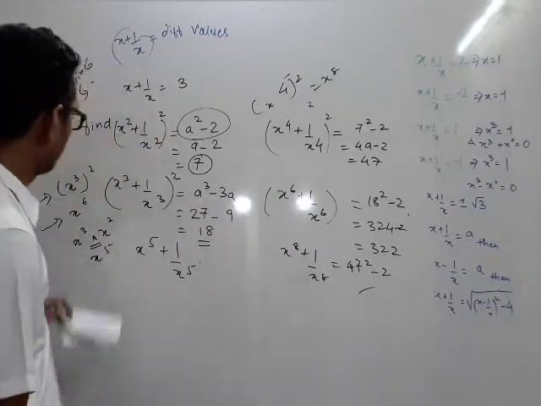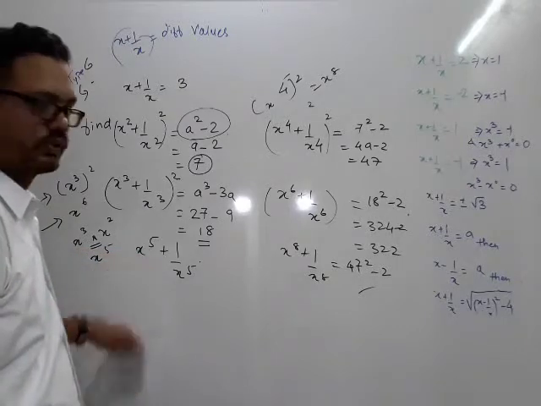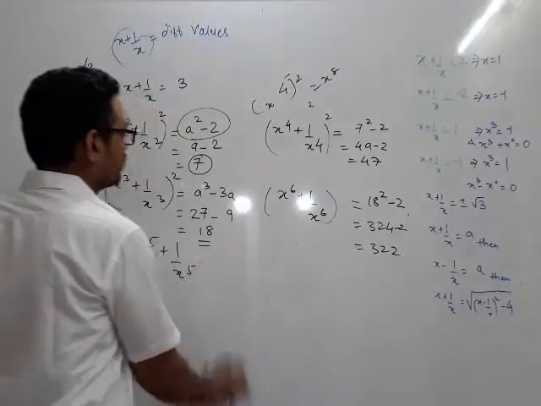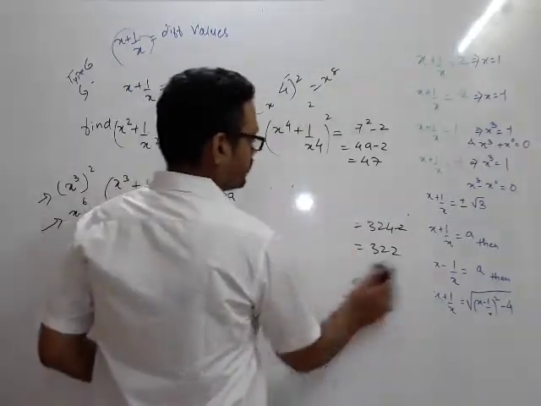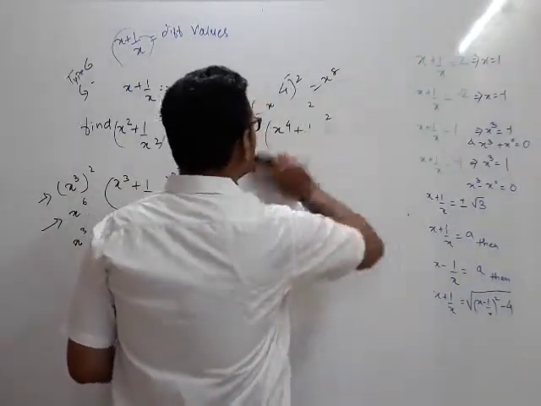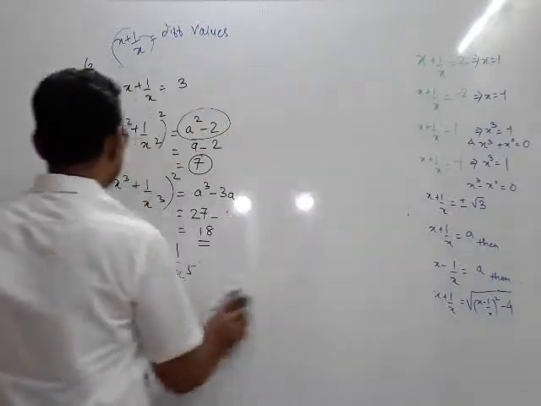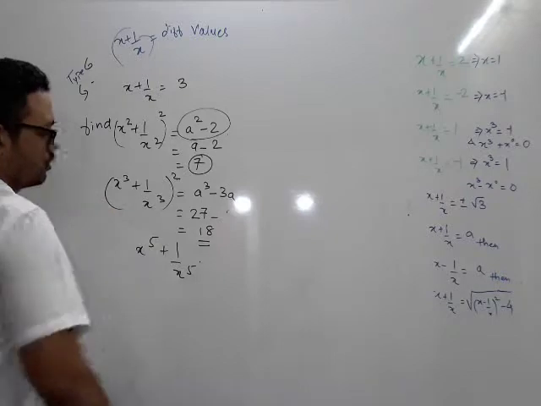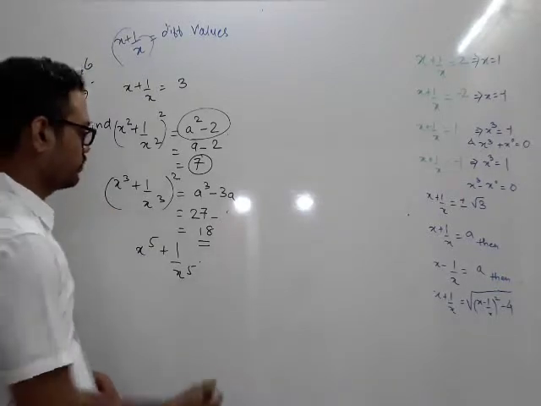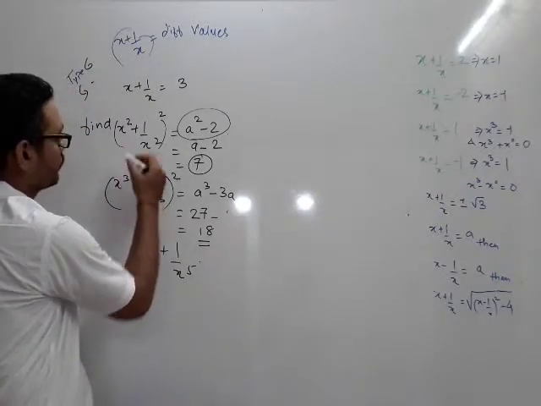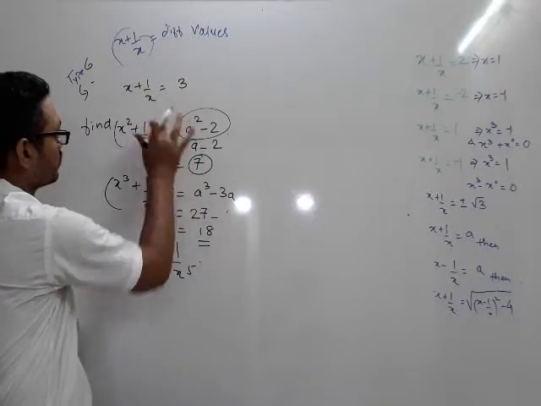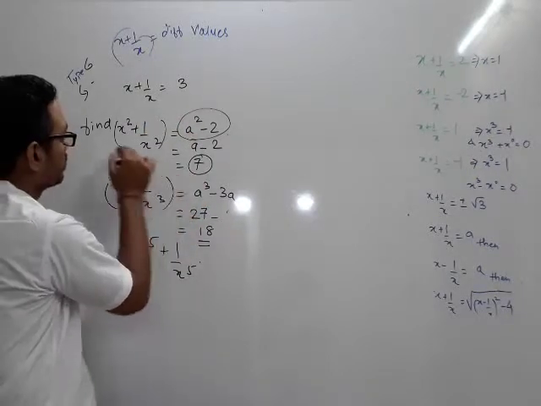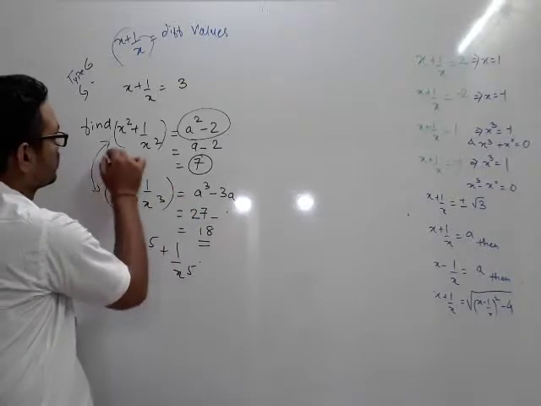Okay. Now let's see what will be the value of x raised to 5 plus 1 upon x raised to 5. I'll rub this. You can take a screenshot. What is x raised to 5? If you see it carefully, it is nothing else but multiplication of these two brackets.